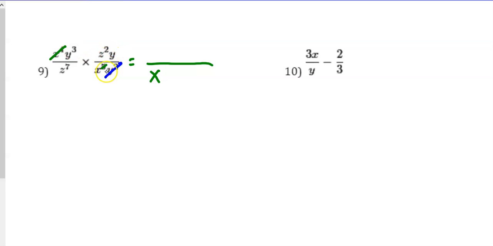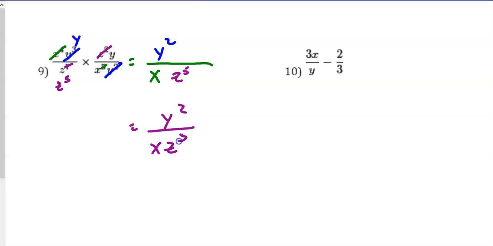I can cancel in a couple different directions. If I just literally cancel here, that means I'm going to have 1 y left over. So I have y times y, so that gives me y squared in the numerator. Z's, I see I have 2 in the numerator, I can cancel. And then that means I'd have 5 of them left, because again, I'm taking those out of the denominator. So I have y squared. Let me just go ahead and clean that up just a little bit. y squared over x times z to the 5th in the denominator.